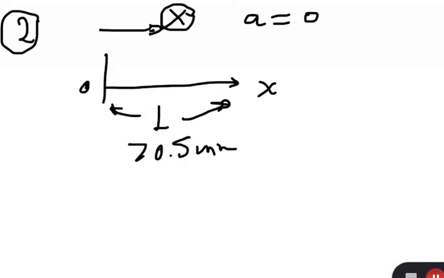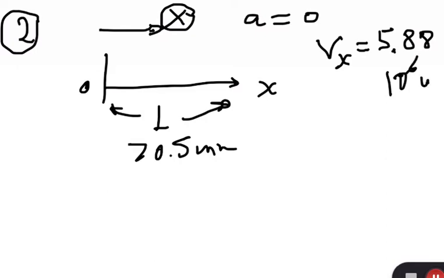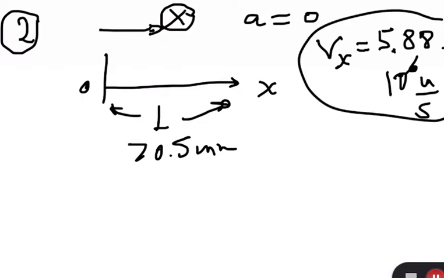And since this is a constant speed, and the other thing that is not given, but I'm going to give it to you right now, the Vx initial is 5.88 × 10^6 meters per second, and we will try to use this data here.